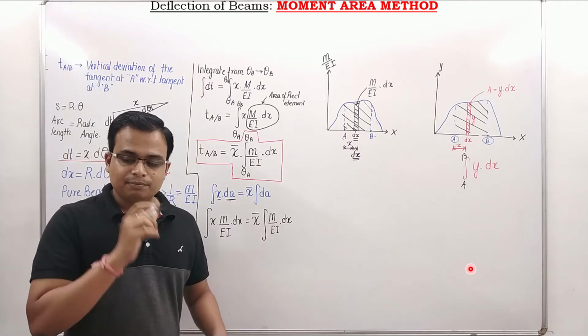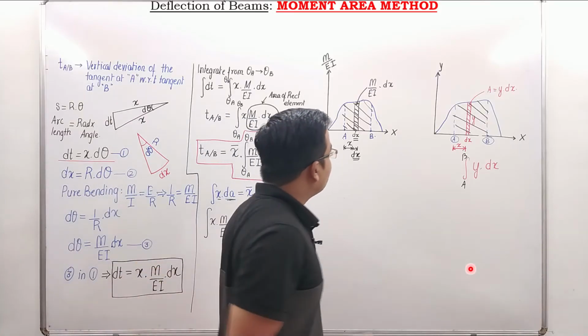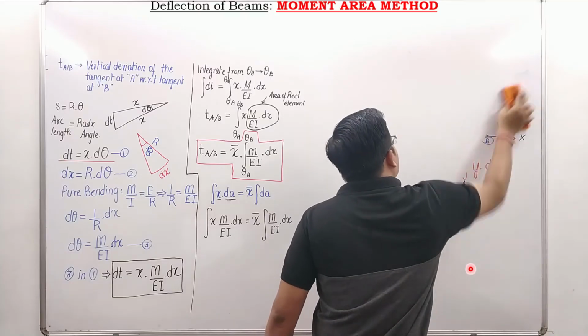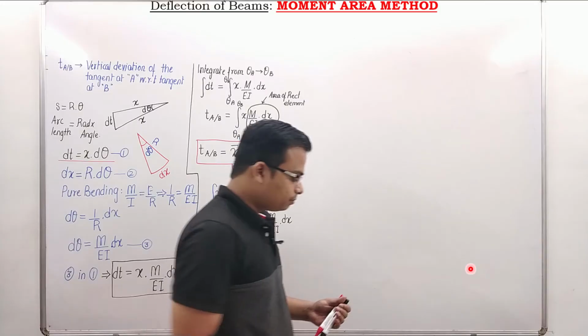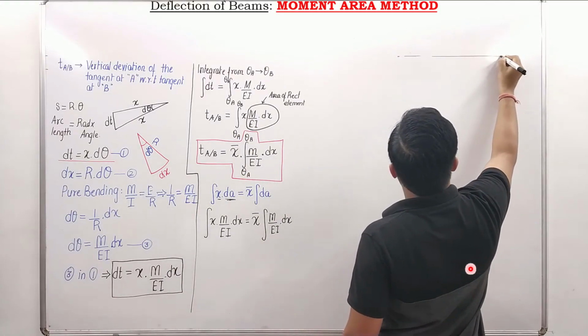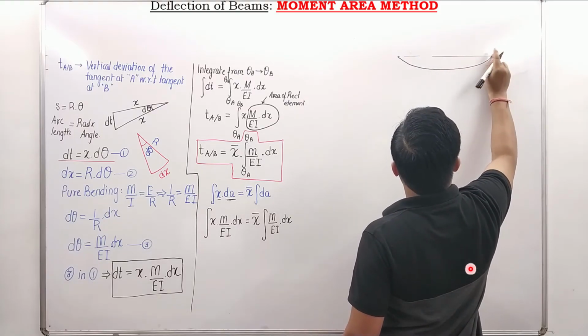Now let me try to further simplify stuff, so that things might become a bit more clear. Let me show that. Here we go. Let's say initially the beam was like this, then it bent. Here we go.